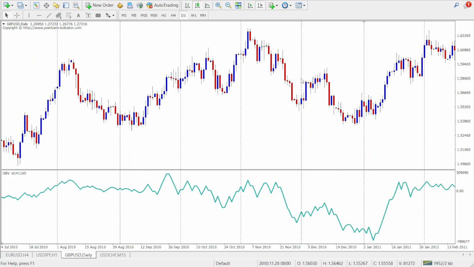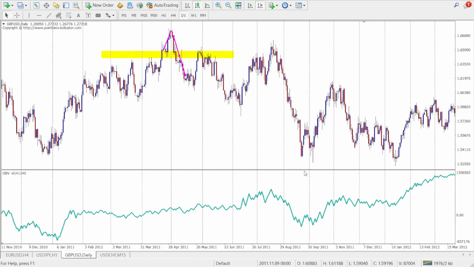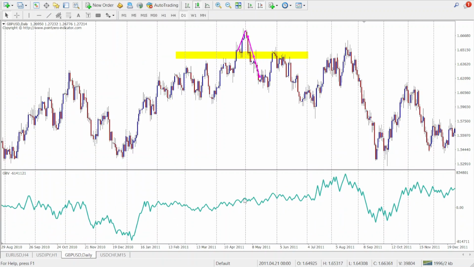So this was probably a false breakout, and as we can see, the OBV was not increasing. It was not increasing significantly when this breakout happened.